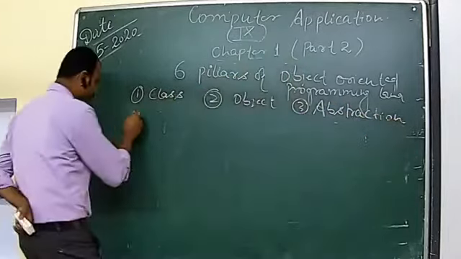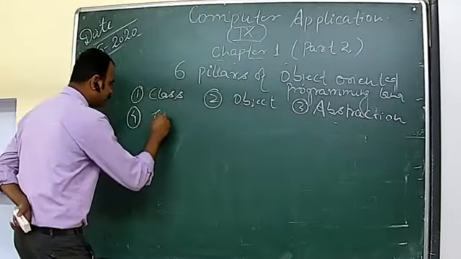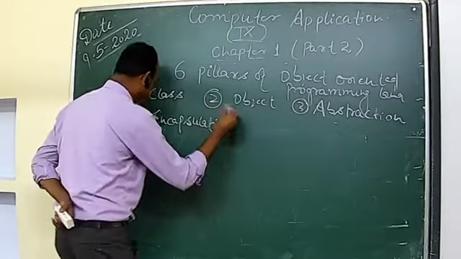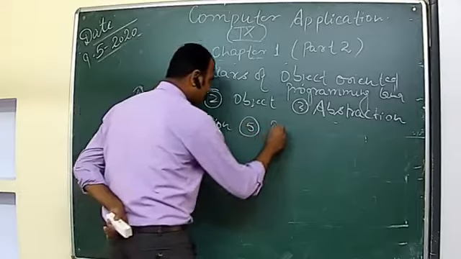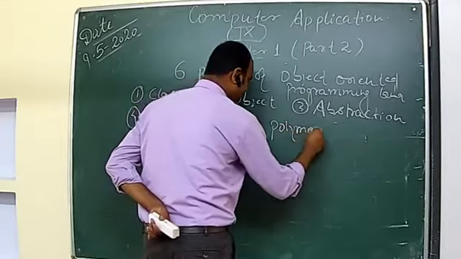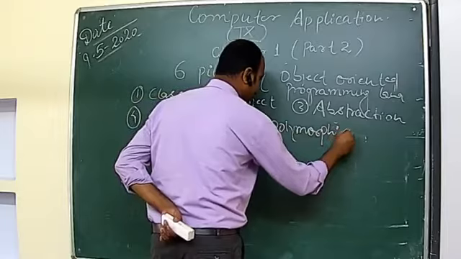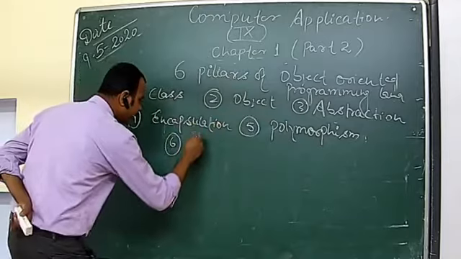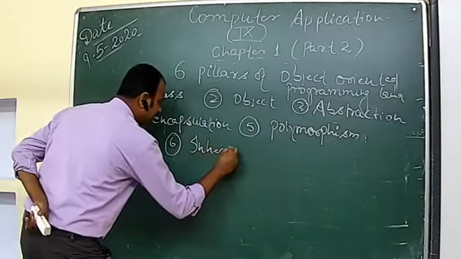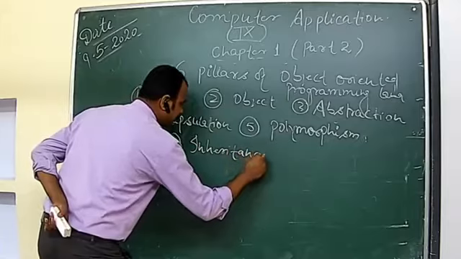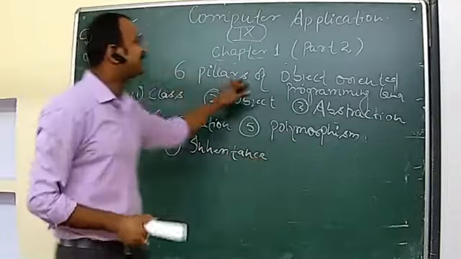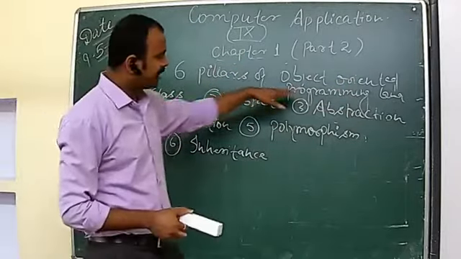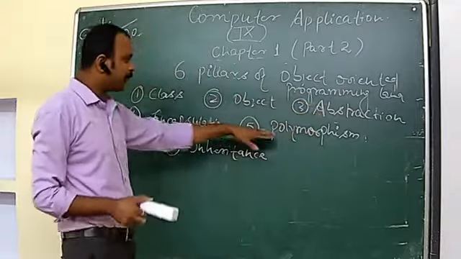Fourth one is encapsulation. Fifth one is polymorphism. And sixth one is inheritance. So these are the six pillars of object-oriented programming language: class, objects, abstraction, encapsulation, polymorphism, and inheritance.